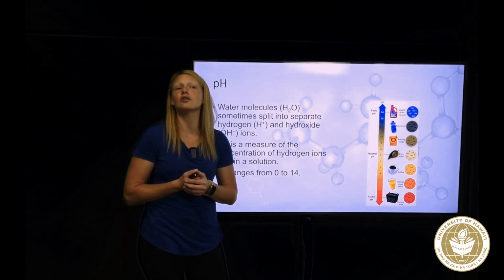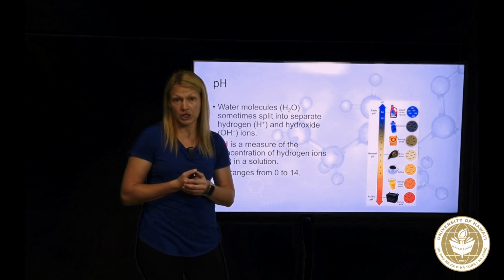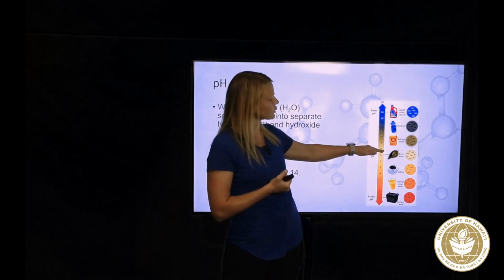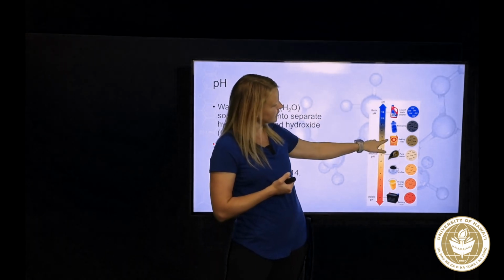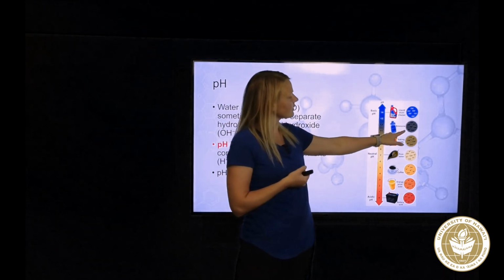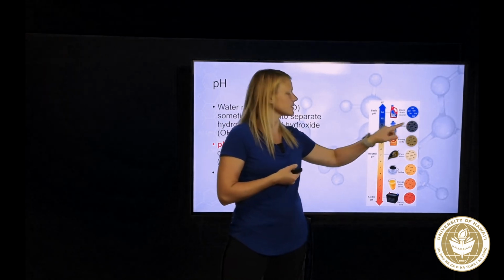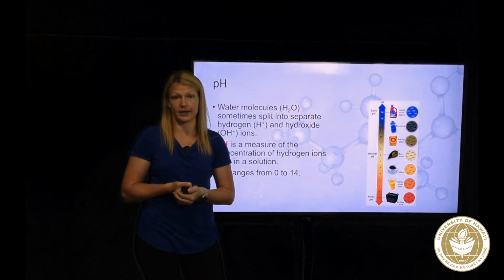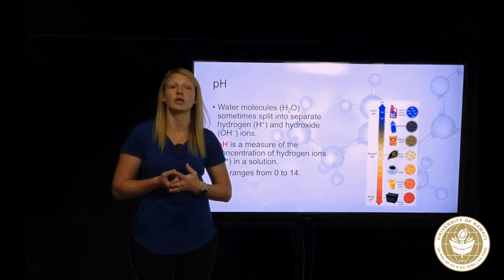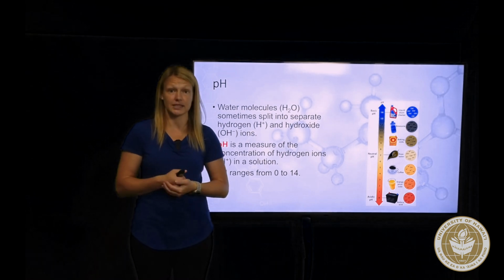They're going to have a lower concentration of hydrogen ions compared to hydroxyl ions, and they're going to have a pH closer to 14. You can see in each one of these examples, a lot of times it's your cleaning supplies. They have much more hydroxyl ions than hydrogen ions. So the concentration of hydrogen ions in a solution is what actually determines its pH.